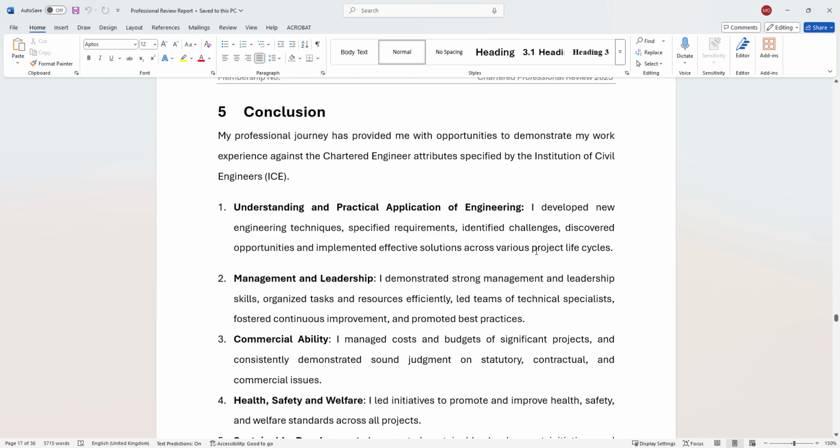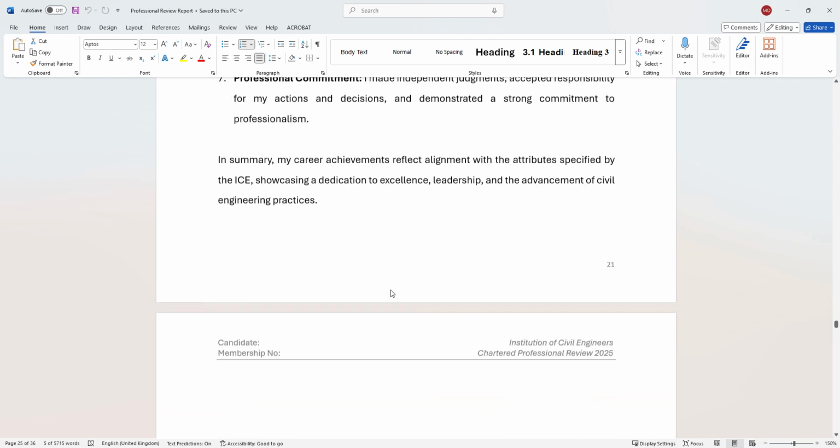So that's very, very good. The candidate tells us that their work was spread across different life cycles. They identified challenges, discovered opportunities, implemented solutions.